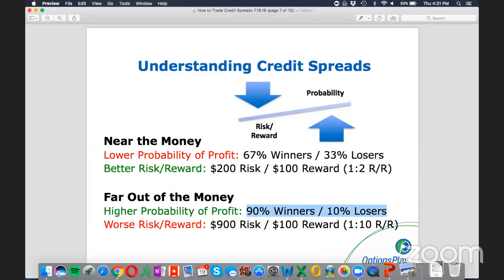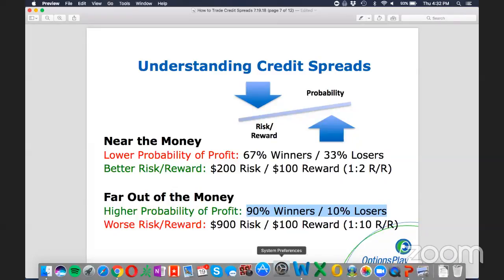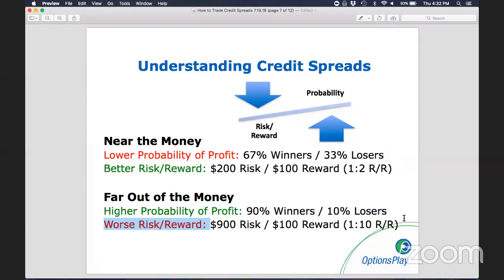And this is where I see a lot of people tend to gravitate, because people always assume high probability of profit means good. That's not necessarily the case, because high probability of profit always means a very bad risk to reward. So you might be risking $900 to try to make $100. And this is really where it doesn't make a lot of sense.